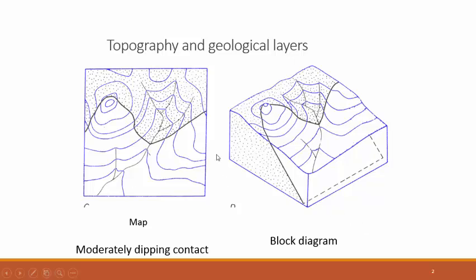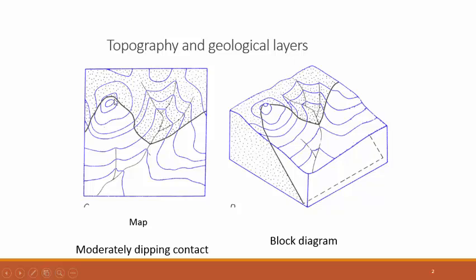In both cases we are dealing with planar geological contacts or structures that intersect the topography of a terrain as we see it here. We see here the contour lines in blue, and in black we see this intersecting structure, and the intersection occurs at a fairly high angle with the topographic contours.